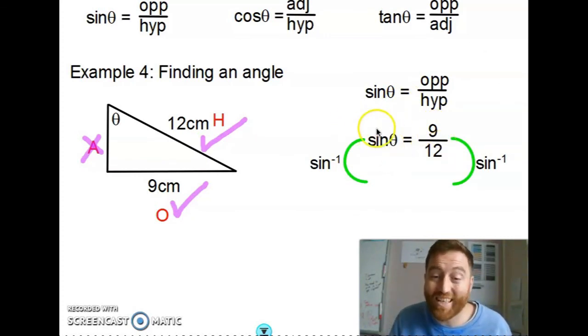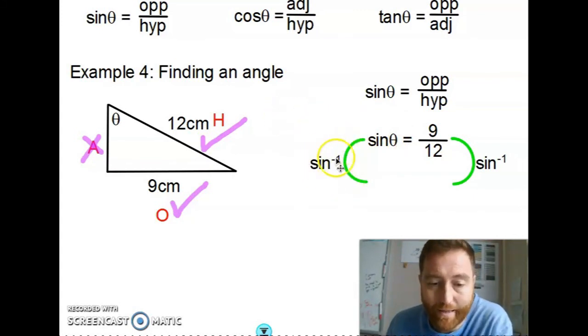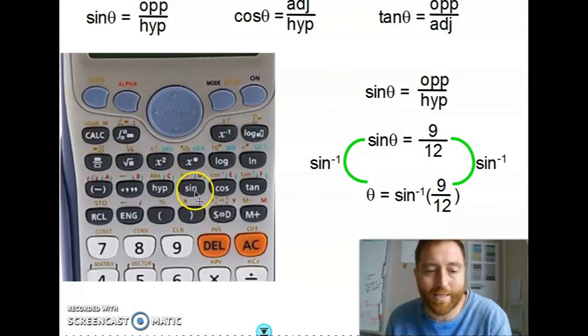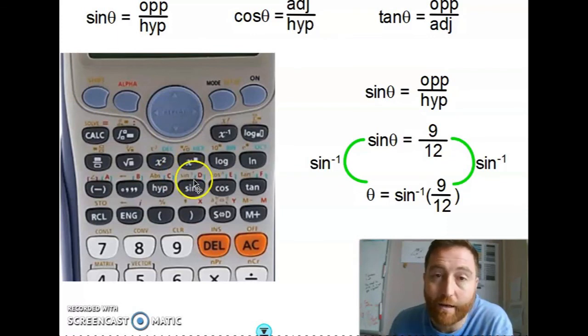To do that, we need to kind of undo sin, like the reverse, the opposite. And that is called inverse sine. And this sine minus 1, sine to the power minus 1, inverse sine, we can find that on your calculator by pressing shift sin. Nearly all calculators it will be shift or second function sin, and on this calculator it's in yellow above it.